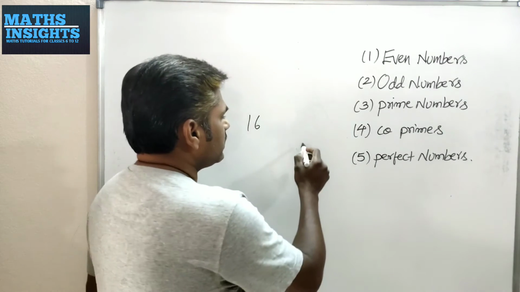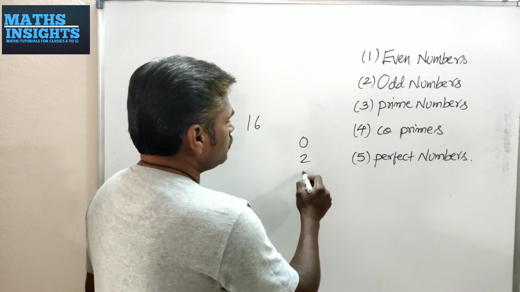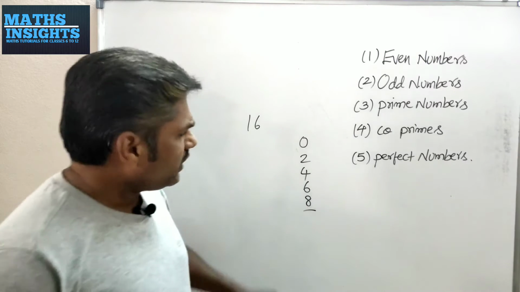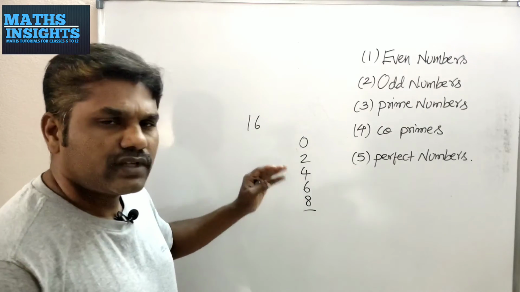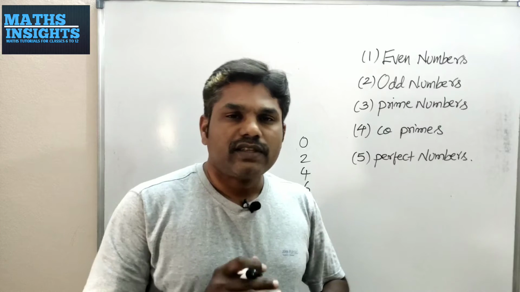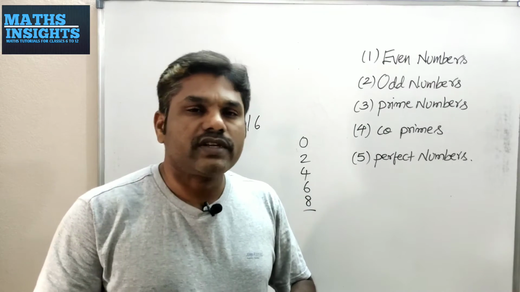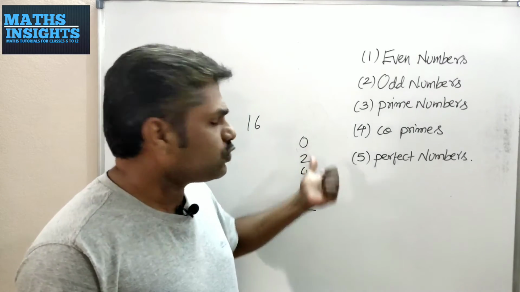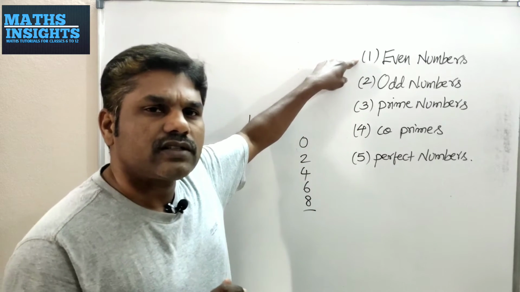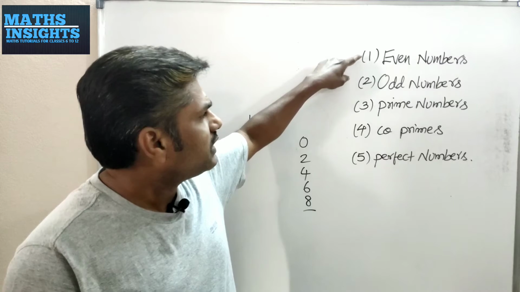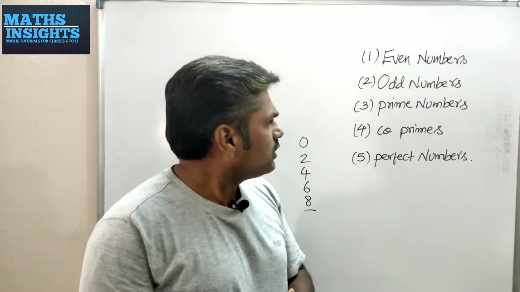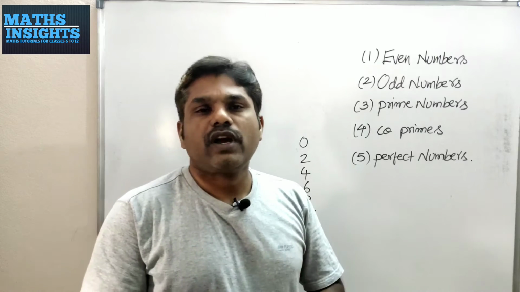See, 0, 2, 4, 6, 8. If any number has these digits in its units place, then it is exactly divisible by 2. So if a number divides with 2 exactly, that is an even number. When it is not divisible by 2, that is said to be an odd number.